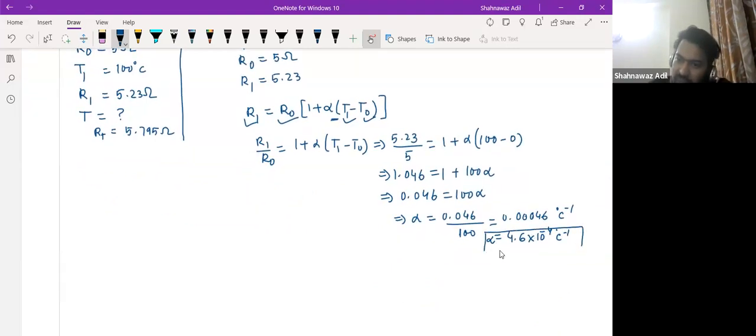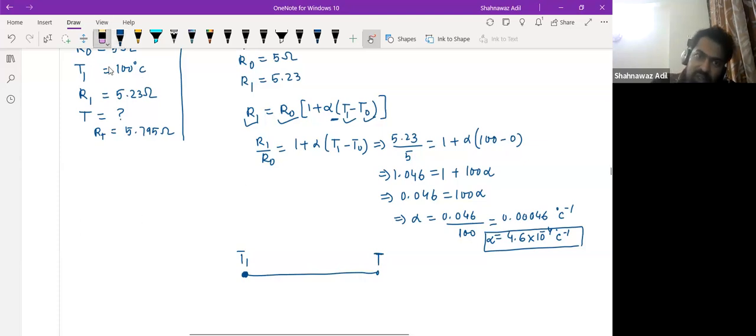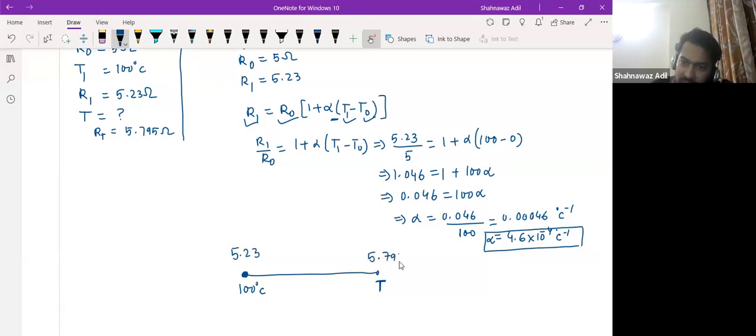Okay. Now let's again make the same diagram. We have this T1 temperature, and from this T1 temperature we are going to this T unknown temperature, right? From T1 temperature, which is 100 degrees C, we are going to unknown temperature T. This thing we know, 5.23. This thing we know, 5.795.